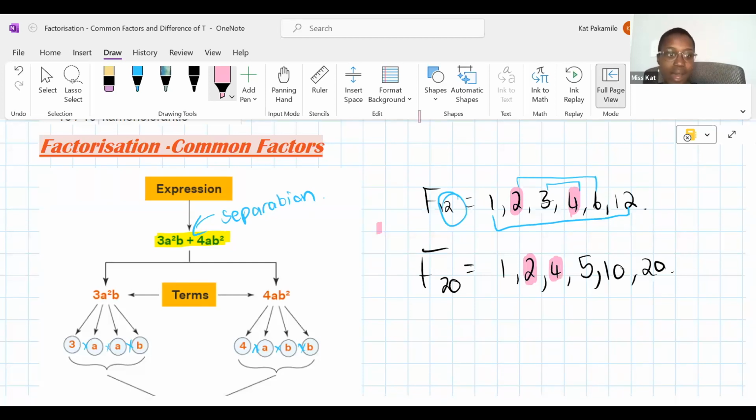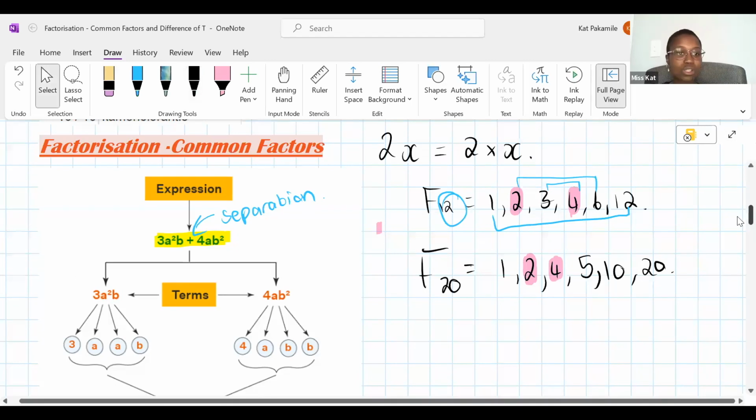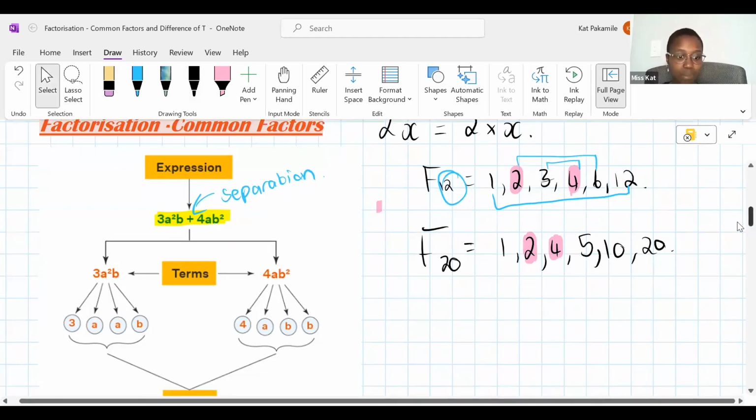So that is what we are looking for in algebraic expressions and as well, in algebraic terms, okay? If you have 2x, this is the same as 2 times x. So 3a squared b has these factors: 3, a, a, and b.